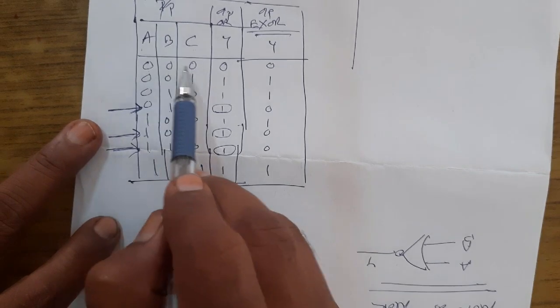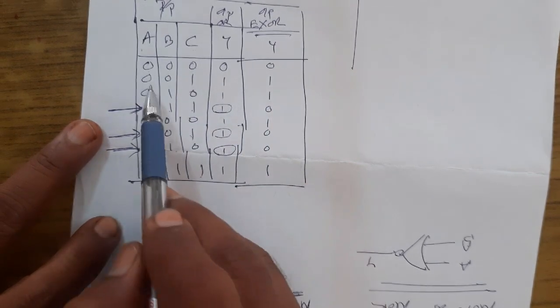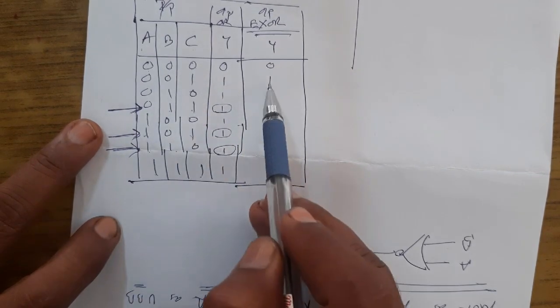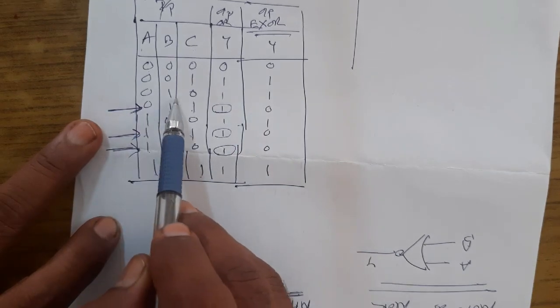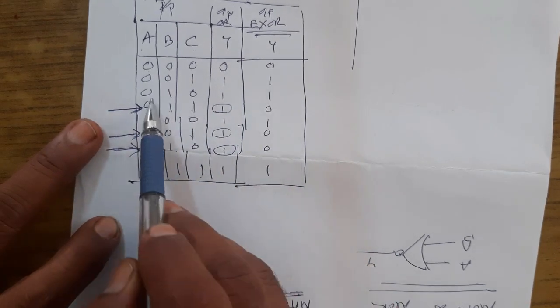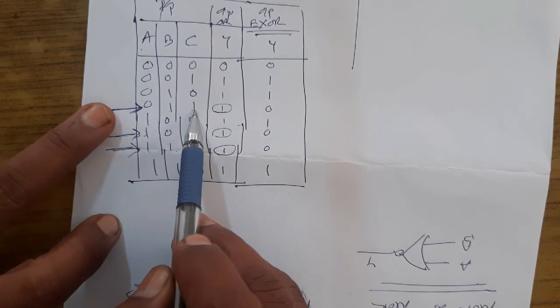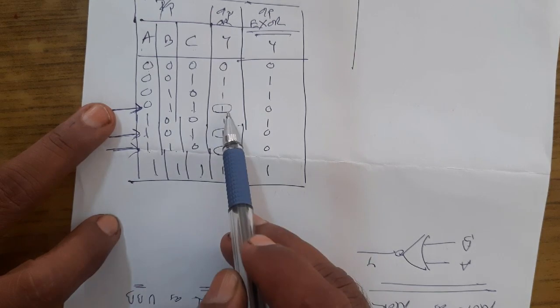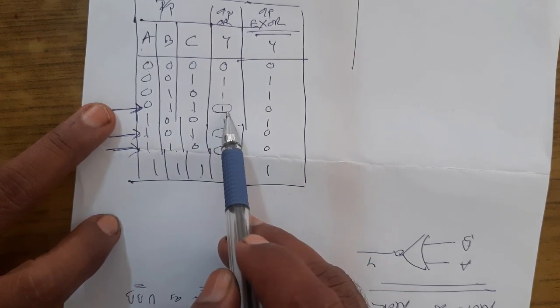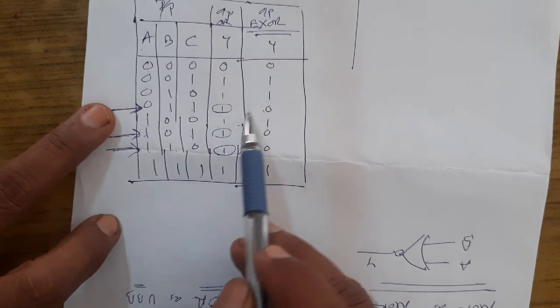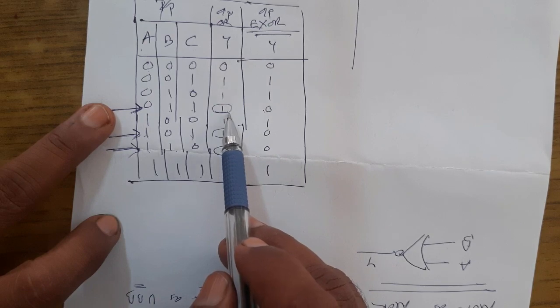Therefore, for 0, 0, 0, the output will be 0. For 0, 0, 1, the output will be 1. For 0, 1, 0, the output will be 1 because it behaves as an OR gate. But for 0, 1, 1, if it were behaving as a normal OR gate, it should be 1. But as it is an exclusive OR gate, it has to exclude certain cases, so it is 0. Which cases are to be excluded?